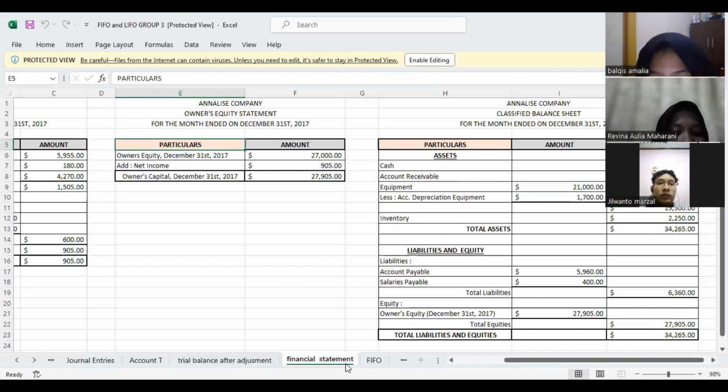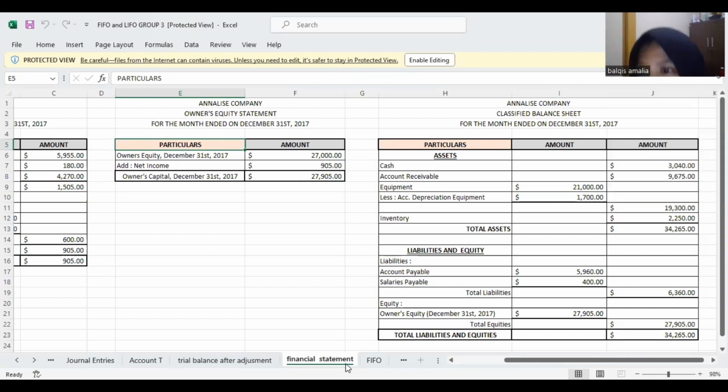The next one for financial statement, we have the classified balance sheet for Analyst Company for the month ended December 31st. The particulars, first one, assets. We have cash, about $3,040. Account receivable, $9,675.